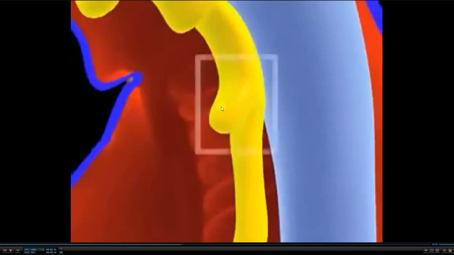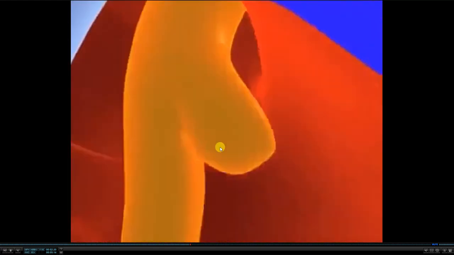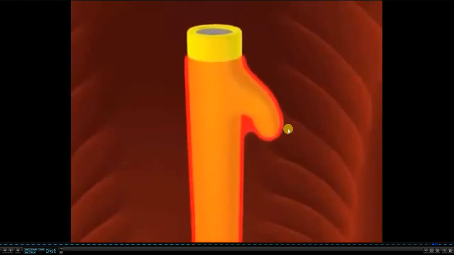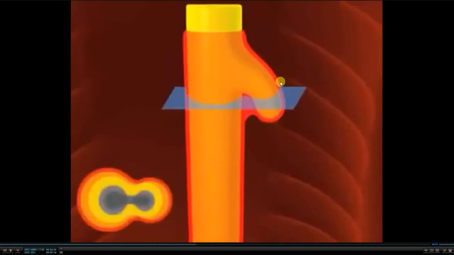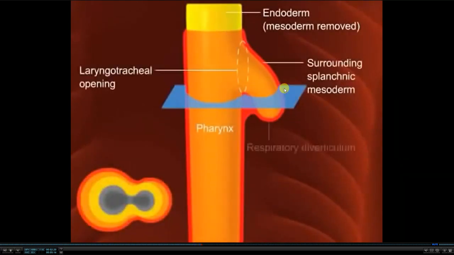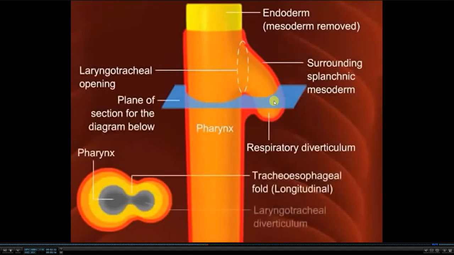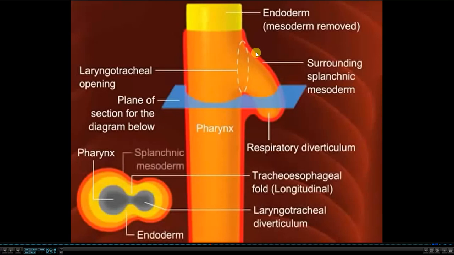So how is the trachea formed? Everything starts with the embryonic phase of lung development. This is, of course, the respiratory diverticulum. It grows along with the intraembryonic mesoderm present. This is intraembryonic mesoderm, mesenchymal cells, and endoderm here. They play a very important role.